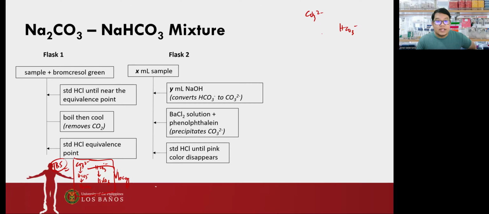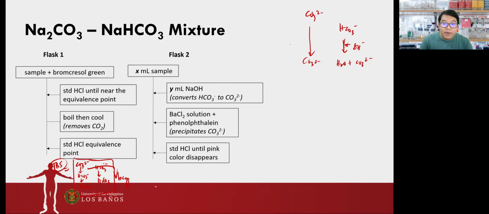So yung OH minus natin, it converts your HCO3 to carbonate. So yung HCO3 natin will act as an acid, OH minus will act as a base. So magkakaroon tayo ng H2O plus CO3 2 minus. Ito yung nangyari dito. Tapos sa CO3 2 minus, ganun pa din. Walang effect sa kanya yung addition of OH minus.